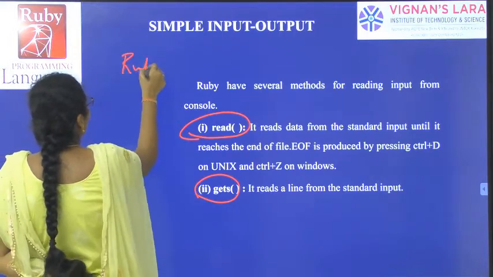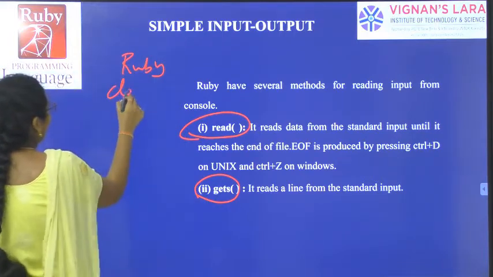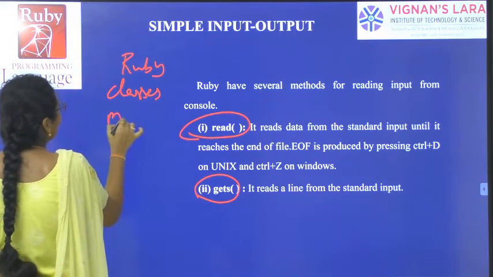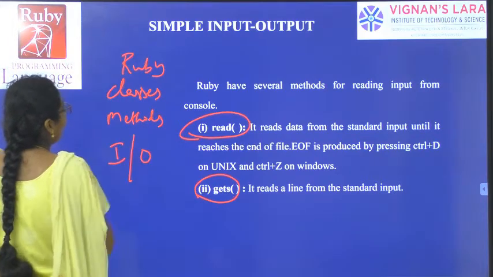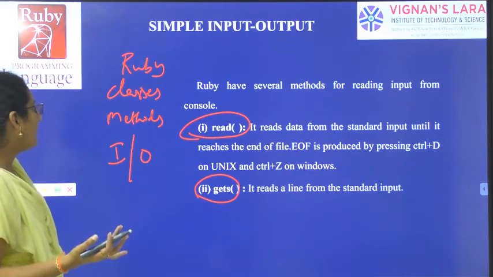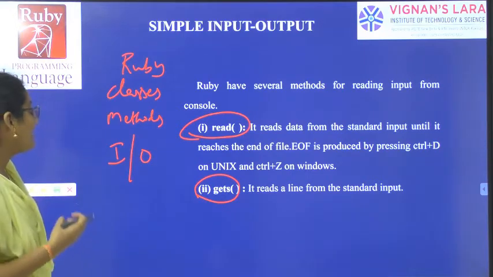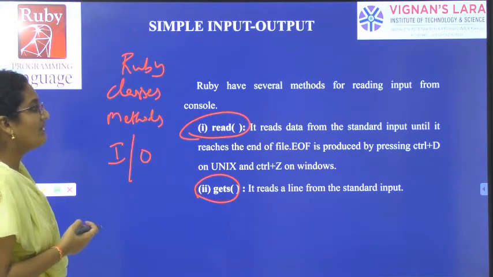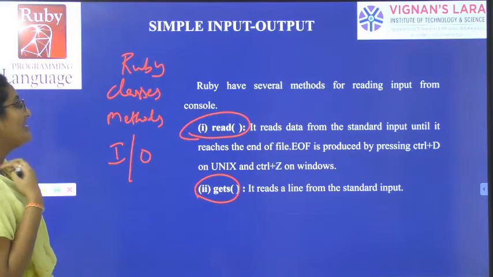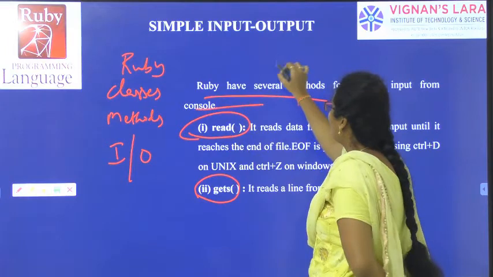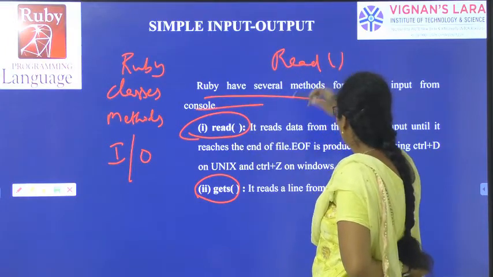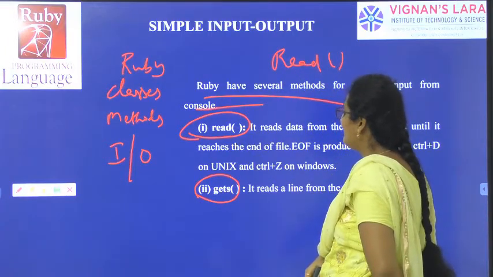So we have the Ruby programming language. In that we have classes, and in those we have methods, in which we perform IO operations. There are several methods for reading inputs also. The first one is read, to read the data as standard input.